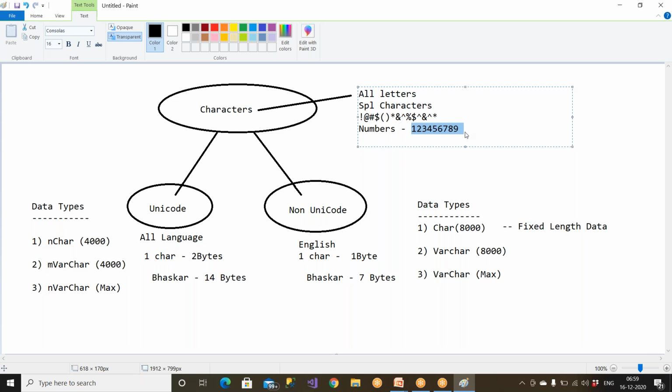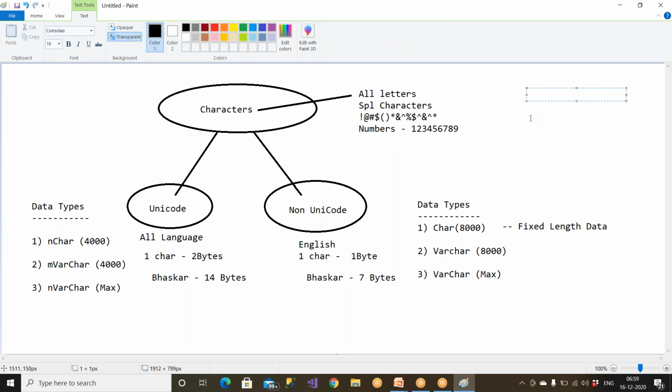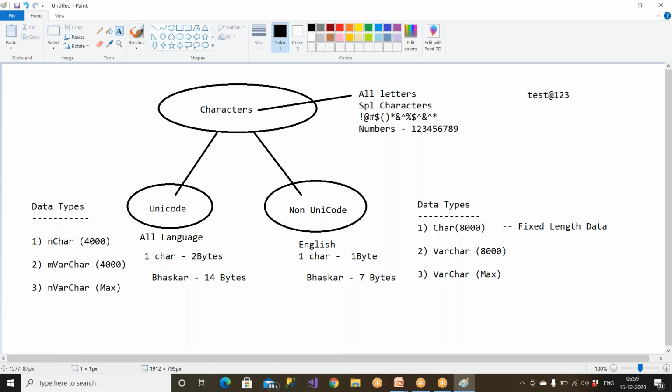Clear? For example, I wanted to create my password. What is my password? I'll say test at the rate 123. This is string data, or you can say character data. So it is test, the at the rate symbol, and 123. This is purely character data. It is not integer data.